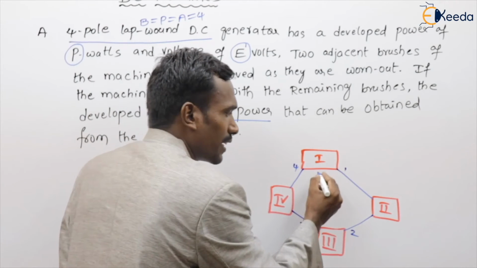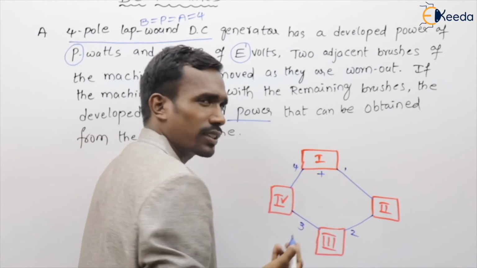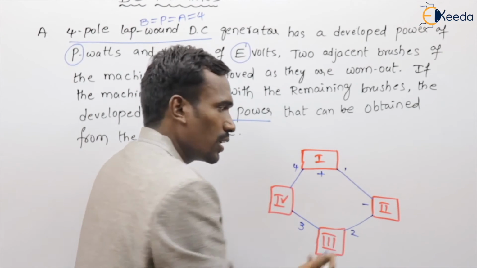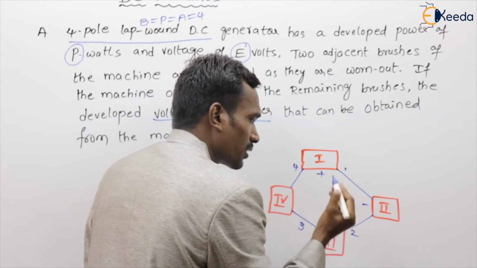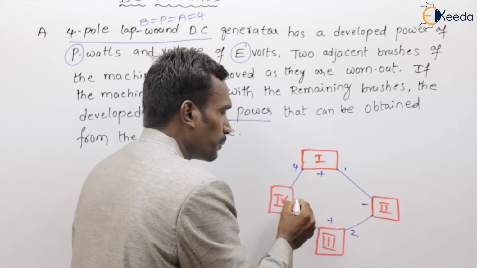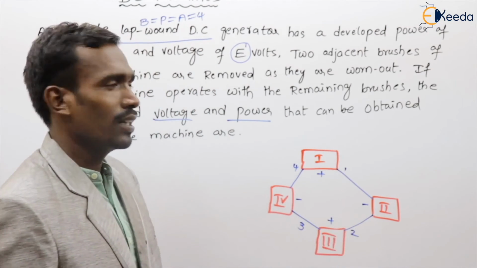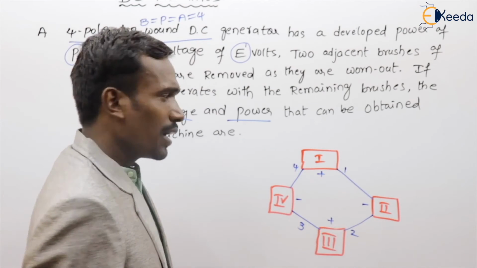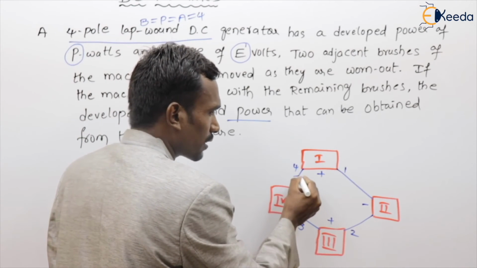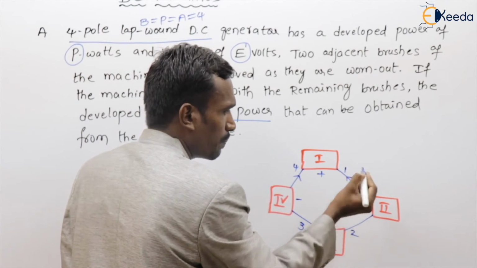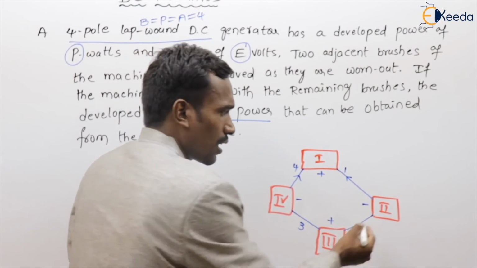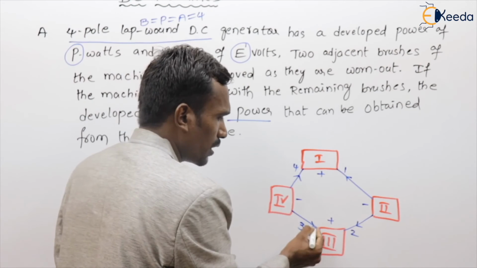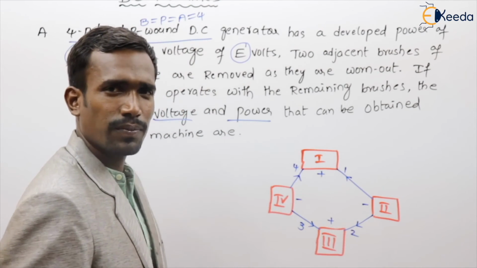Generally in a DC machine, if one brush is positive, the adjacent brush should be negative. If one is negative, the adjacent is positive. These are 4 brushes and 4 parallel paths. Generally, the current flows from negative brush to positive brush, negative brush to positive brush.